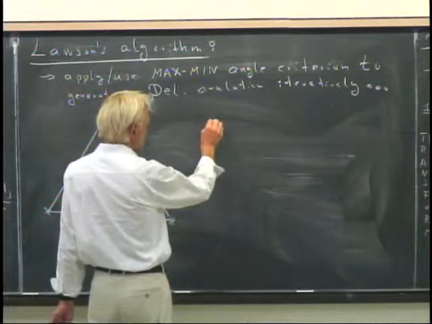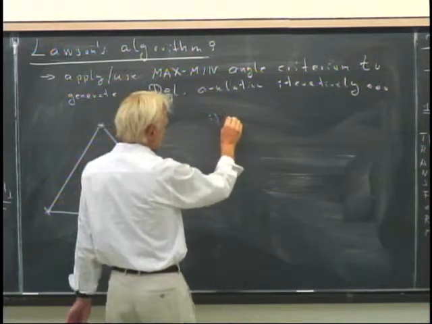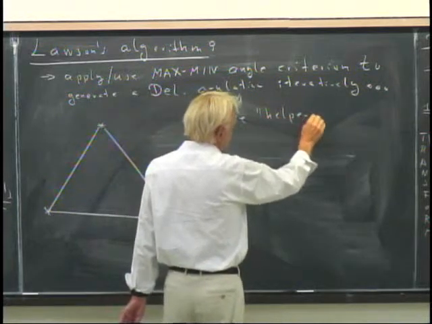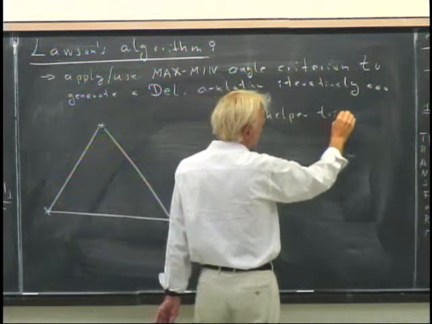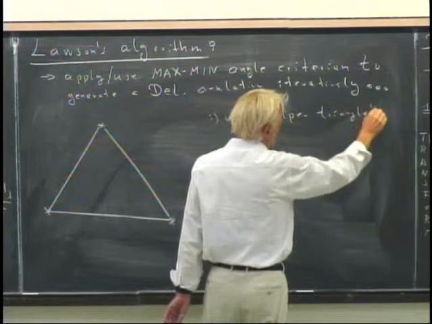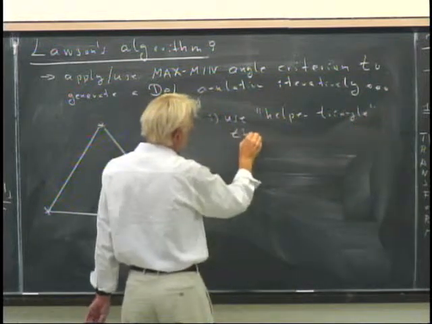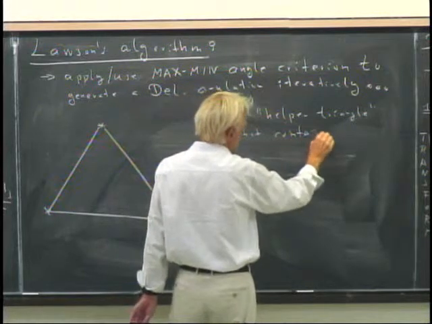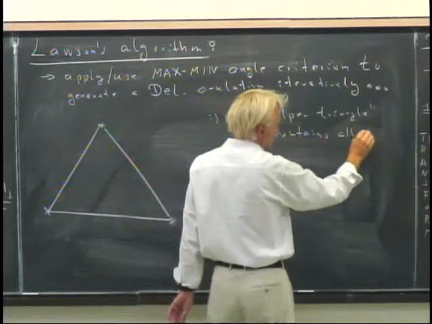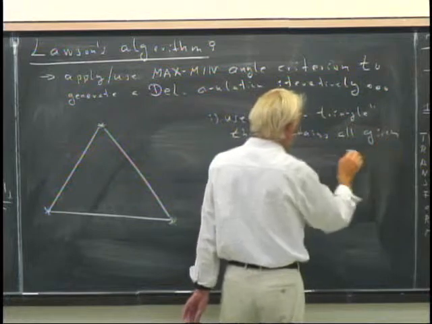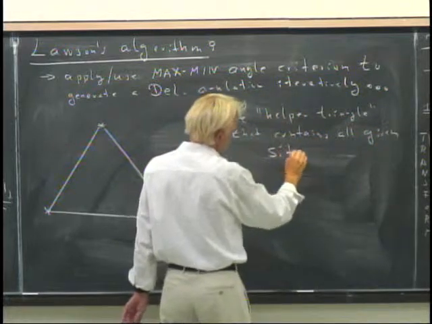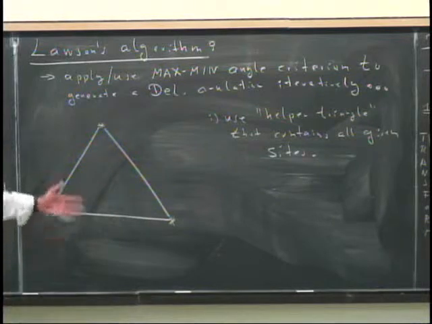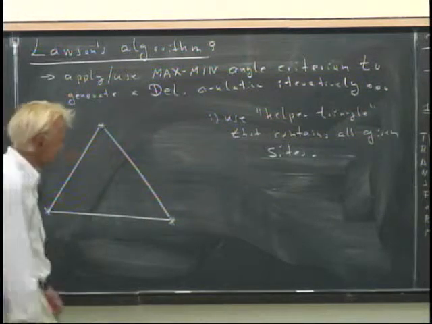So one, use a helper triangle that contains all given sites. Then I will pick the first site, the first real site.